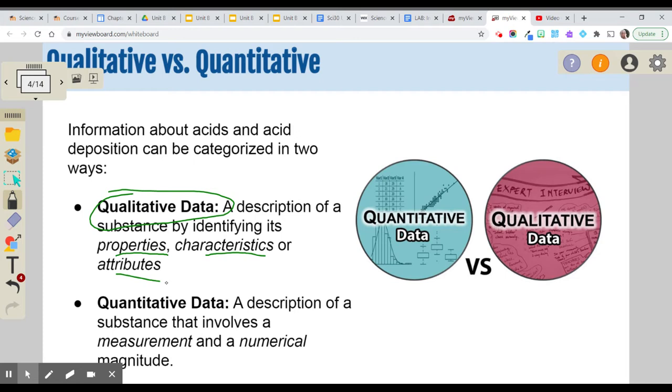So maybe it can dissolve in water or the color, that kind of thing. Whereas quantitative, we're always dealing with quantities, a numerical value or a measurement. So how long something is, how heavy something is, something's concentration. So those are all numbers. So today we're going to be focusing more on quantitative data.